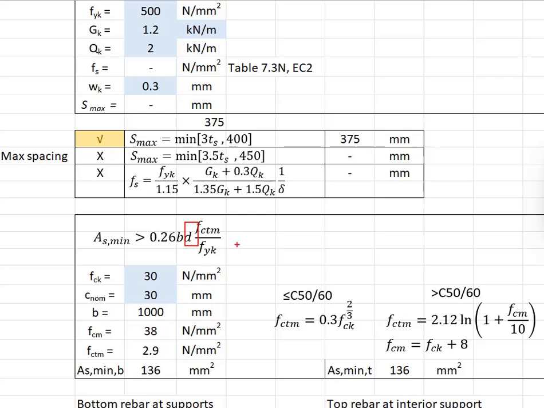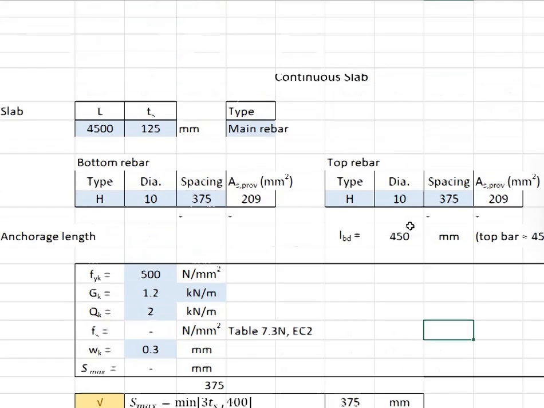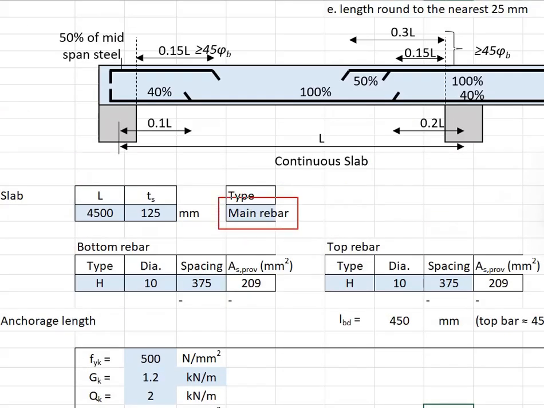As for the effective depth, you need to first know whether you are designing the main bar or the secondary bar. In this case, you are designing the main reinforcement bar. To get the effective depth, use the thickness of the slab minus the nominal cover, which is 30, and then minus half of the diameter of the steel bar.